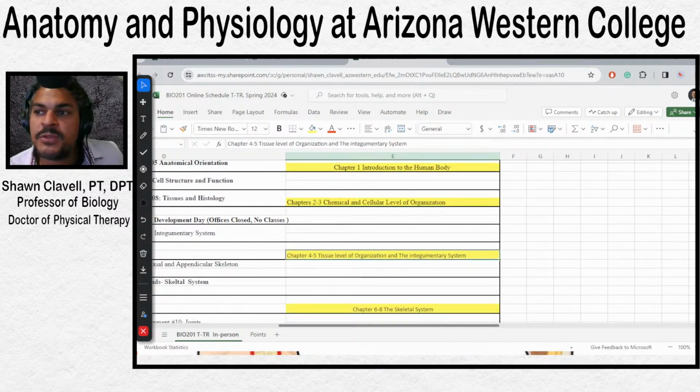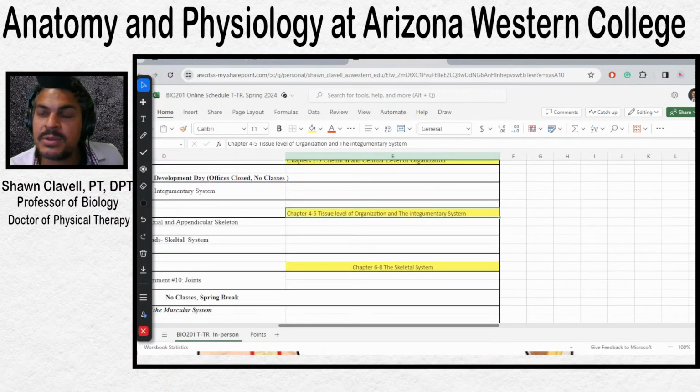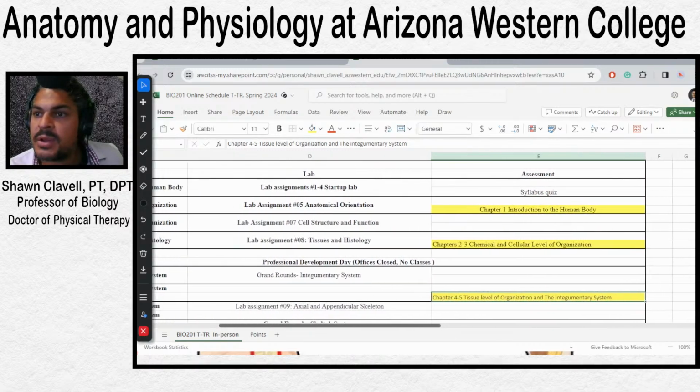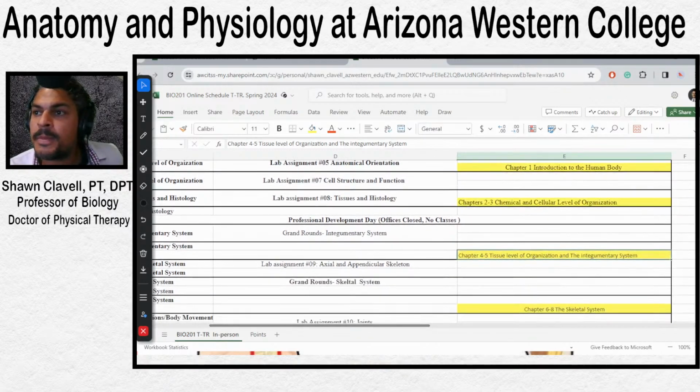And then chapter 4 is really where we start to deviate from traditional general biology, really getting into the specificity of the cells of the human body, these different tissues of the human body, and the integumentary system, which is your skin, hair, and nails. So you're going to be looking at the different cells of the human body as well as the skin, hair, and nails in that chapter.